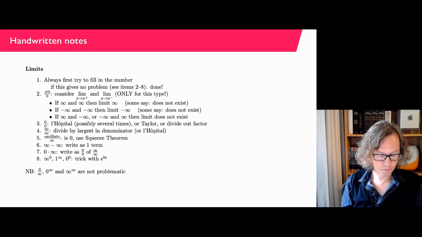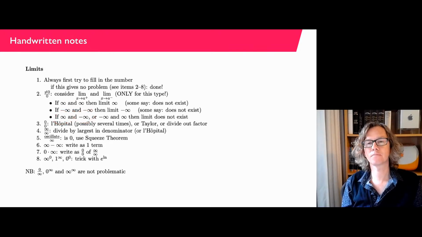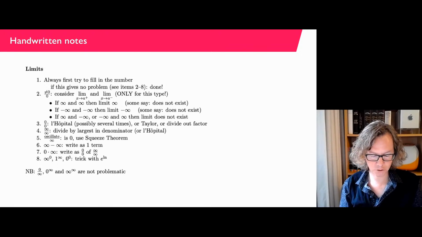If both of these limits, so this limit and this limit, if both of them go to minus infinity, then the limit goes to minus infinity. And if you find one of them to be infinity, the other minus infinity, then the limit does not exist, and you would have something as we have seen.